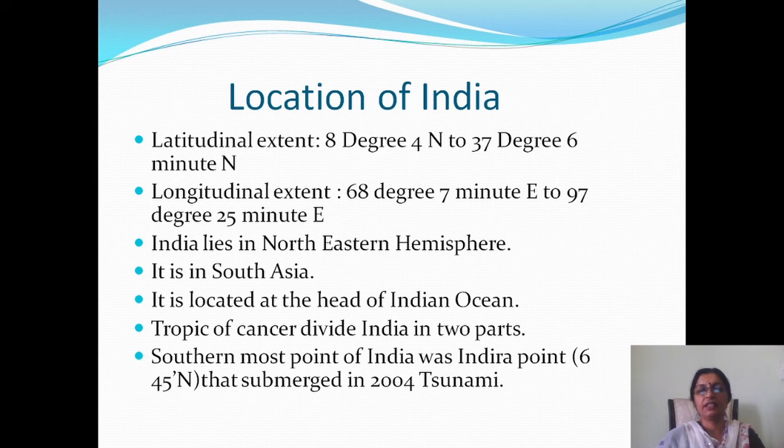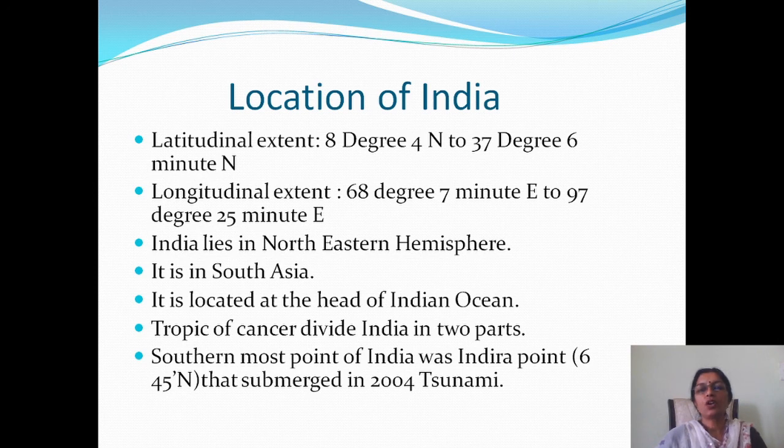We may say India lies in northeastern hemisphere. Tropic of Cancer, 23.5 degree north, divides India into two parts. You have to note down the names of states through which Tropic of Cancer passes.